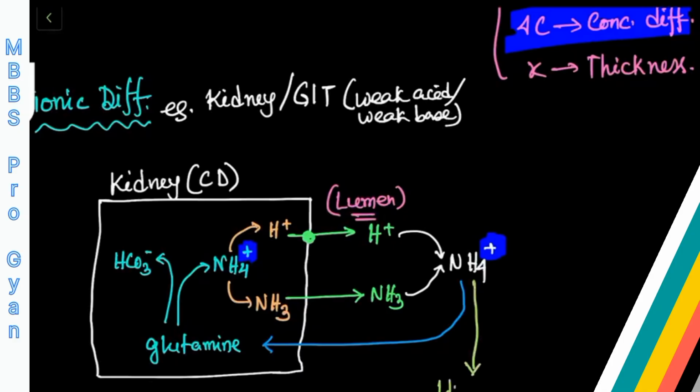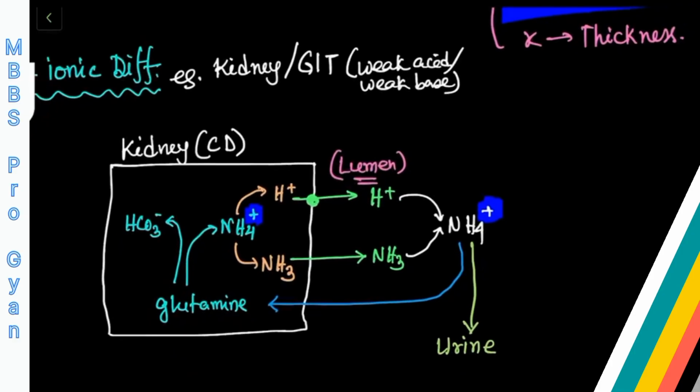It will be excreted in the urine. So I can understand that diffusion of ammonia is only occurring in non-ionic form. Whenever it becomes an ionized form, the diffusion is prevented.